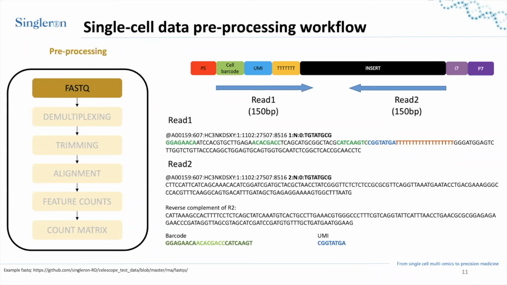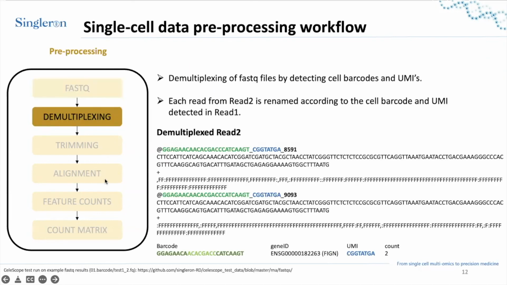Is the pre-processing workflow the same for single cell sequencing and bulk sequencing? They are different. This specific workflow is for single cell sequencing. As we see, the additional step is the demultiplexing, where reads are assigned to a specific cell barcode on the left side.